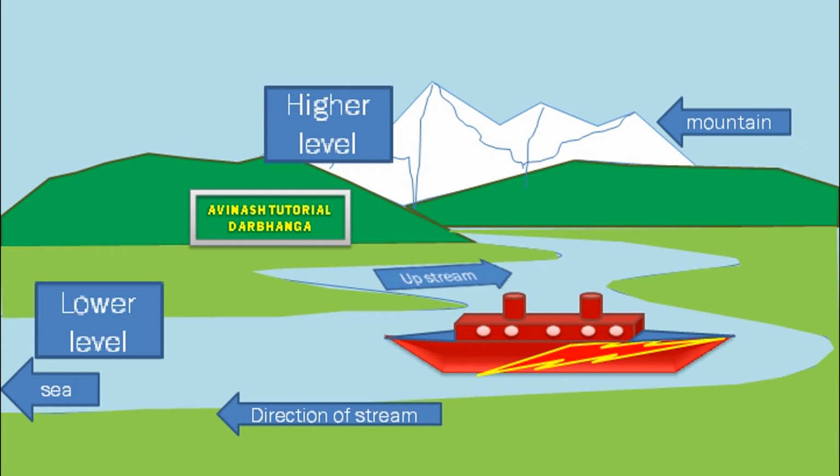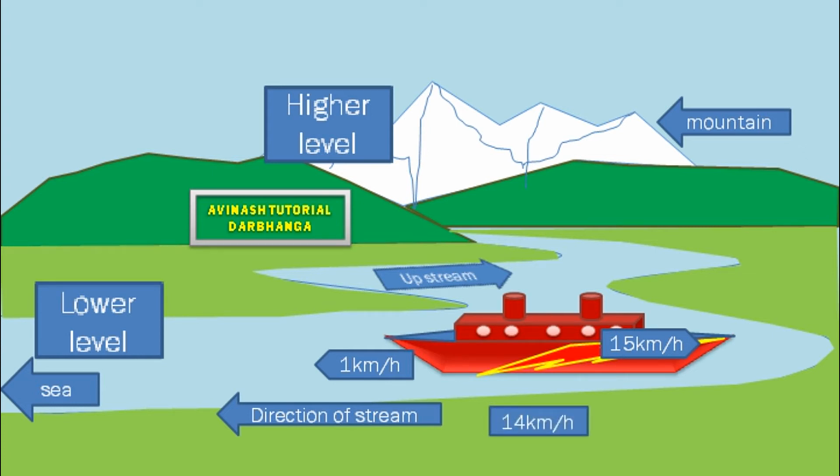Now in order to see what happens to the speed of the steamer while going upstream, let us take an example. Suppose the speed of the steamer in still water be 15 km per hour and let the speed of the stream be 1 km per hour. The resultant speed of the steamer while going upstream will be 14 km per hour. Why 14 km per hour?